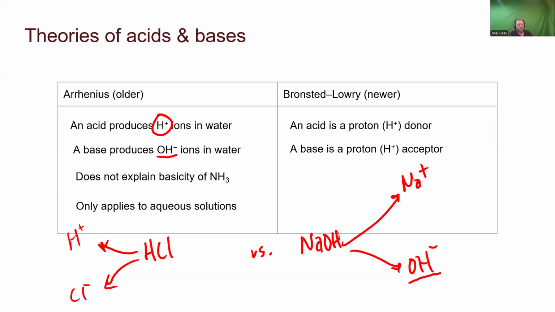So let me ask you, do you think that KOH is an acid or a base? Add it to the chat. Okay. What about MgOH2? Acid or base? Okay.